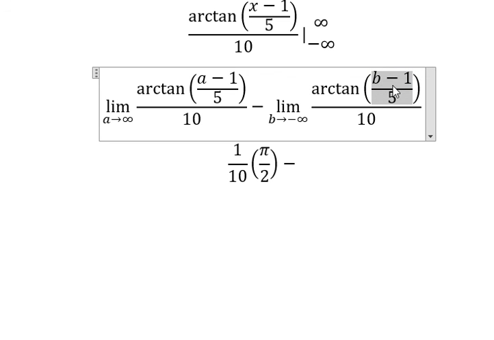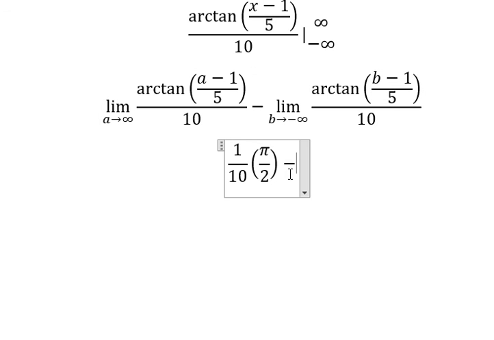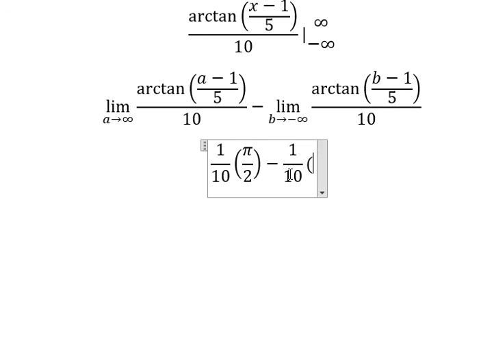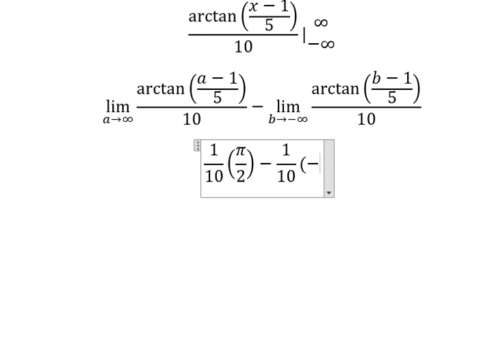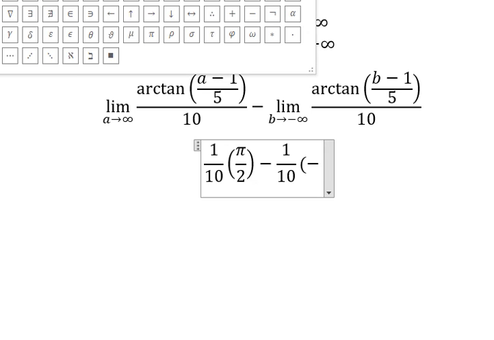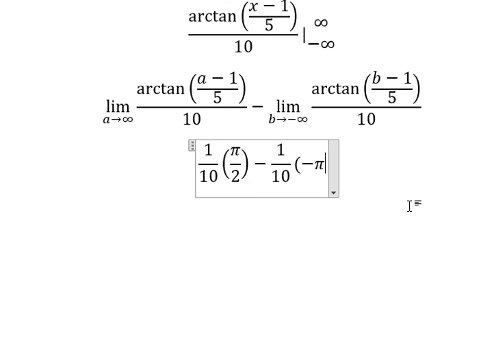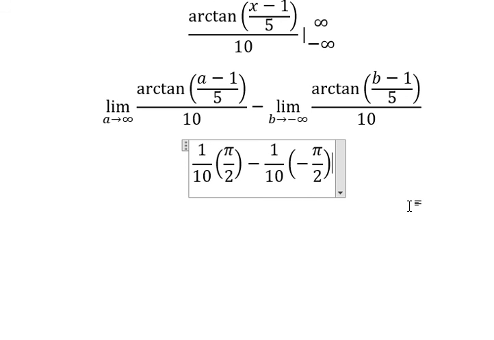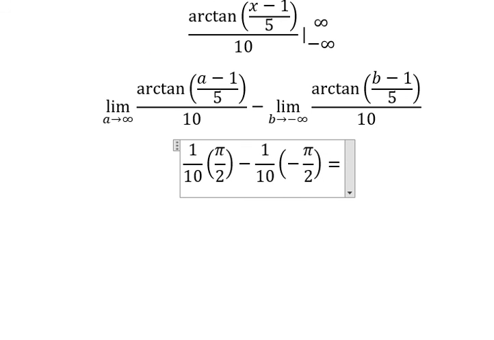Arctan of negative infinity, you get negative pi over 2. So we have negative pi over 2 in here. We need to simplify. That's pi over 10.